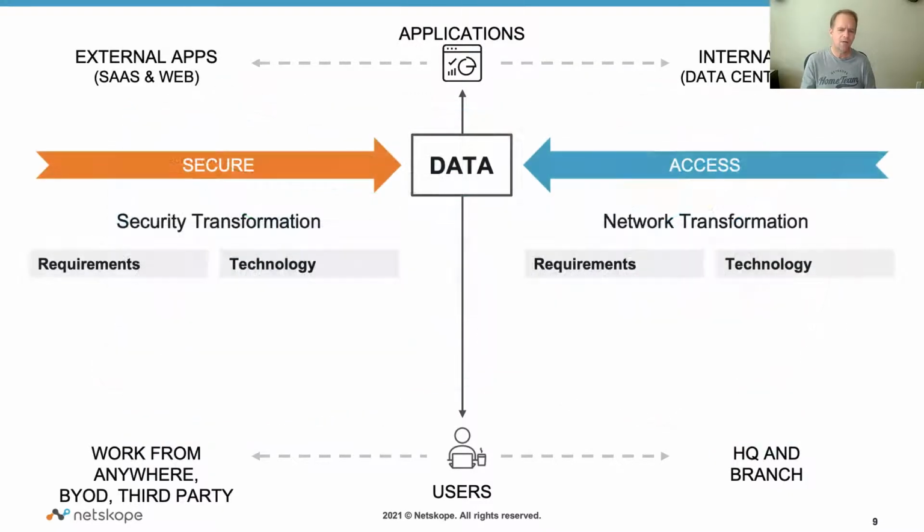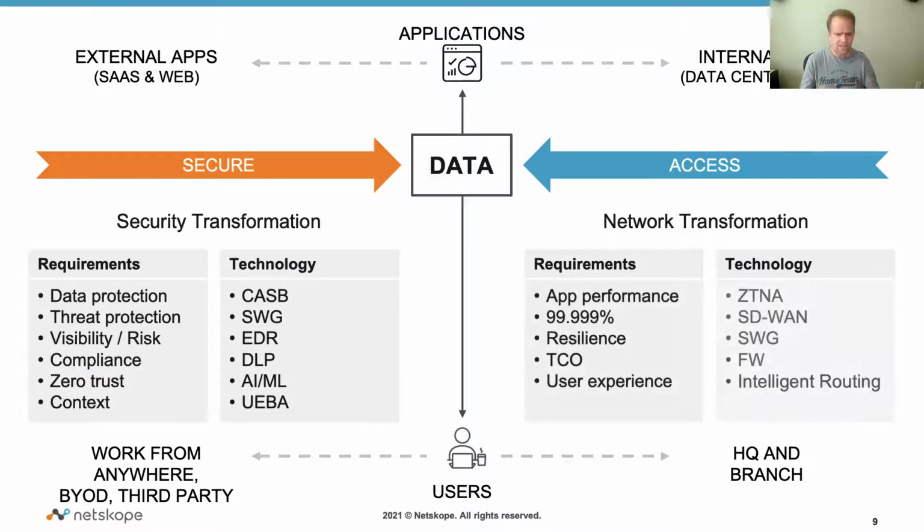So this is where the transformation of both security and networking need to really take place. Because ultimately we're talking about the same problem and the same challenge, and that is basically protecting the organization's data. There's protecting the data, but there's also providing ubiquitous access to the data for those employees. So when you think of transformation on the security side, there's a whole set of requirements and associated technology that is really aimed at protecting organizations' data.